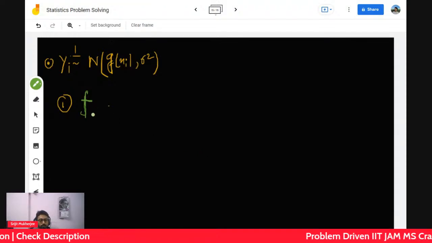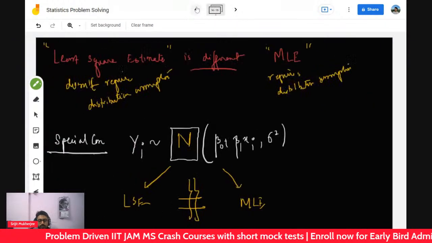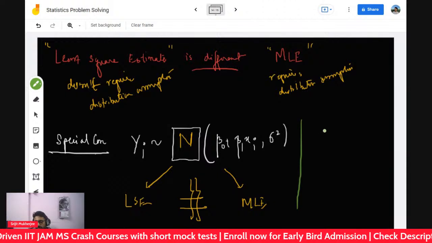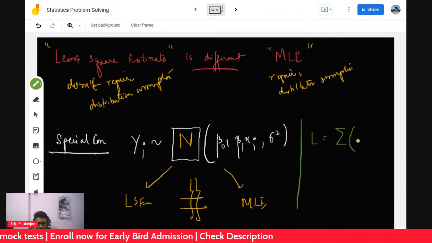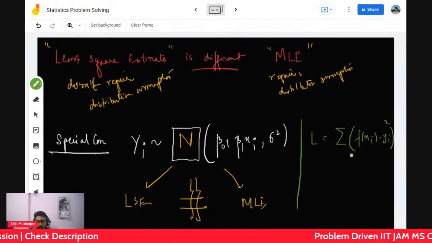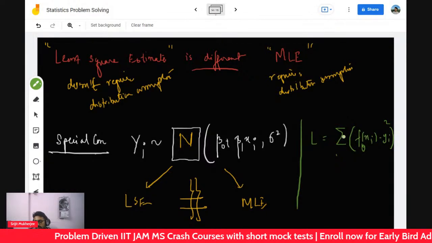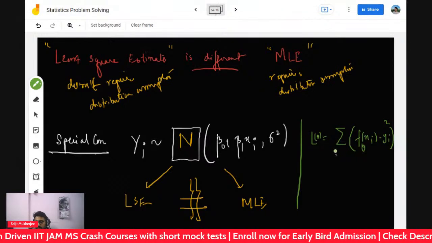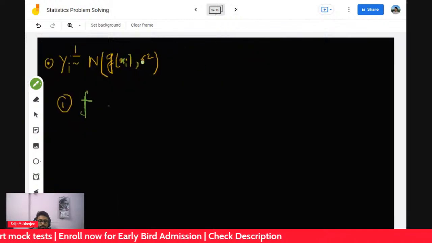So therefore, remember, the least square estimate was what? L is nothing but summation of f of xi minus yi whole square. And since f of xi contains the parameters, this is a function of the parameters. It's called f theta. And you minimize it. So let's call it g theta.